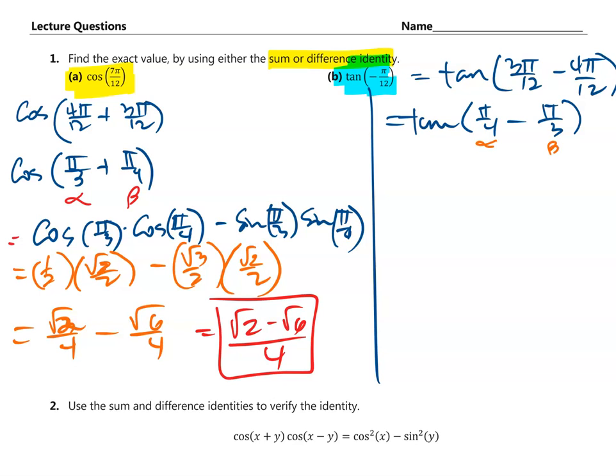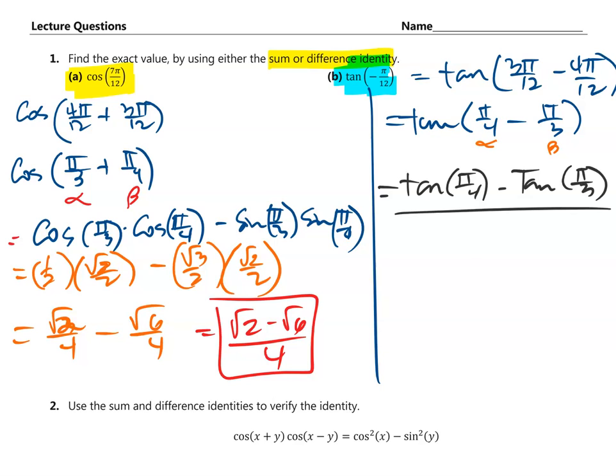So using the formula, it's going to be equal to tangent of pi over 4 minus tangent of pi over 3 over 1 plus tangent of pi over 4 times tangent of pi over 3.